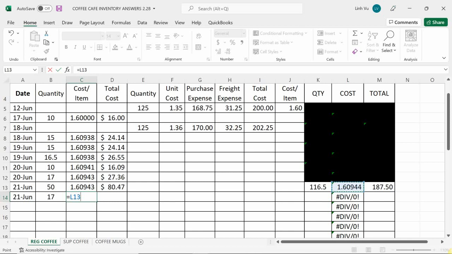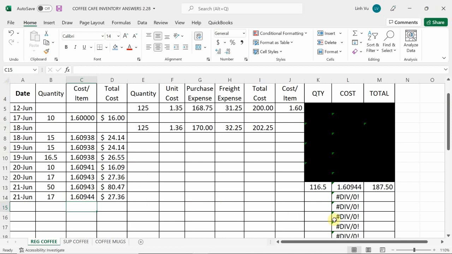Okay. 17 by 1 point... We got 27.36048. There you go. So 27.36.